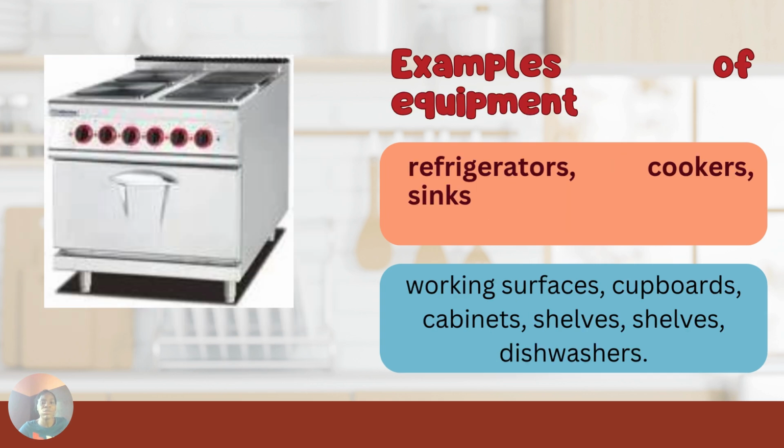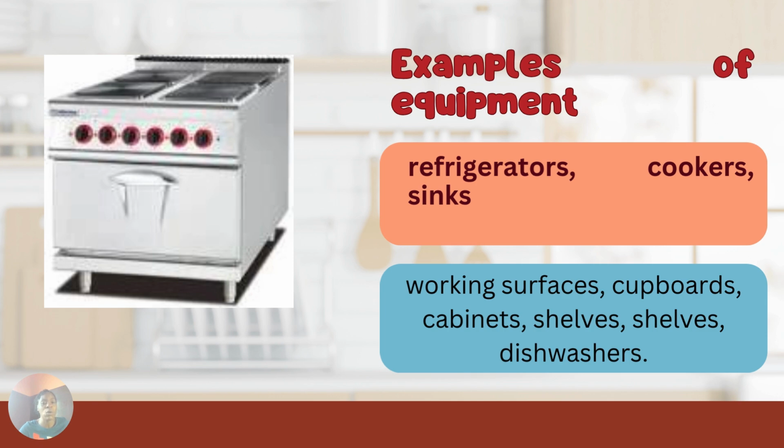So you can also call tools small kitchen equipment, while we can call equipment large kitchen equipment or fixed kitchen equipment. Now let's go to the examples of equipment, those that are not easily moved about in the kitchen. We have refrigerators, cookers, the sink, and working surfaces, which are fixed in the kitchen. We have cupboards, cabinets, shelves, dishwashers, salamander, brass pan, and hot cupboard.